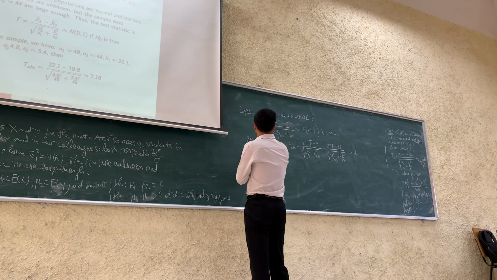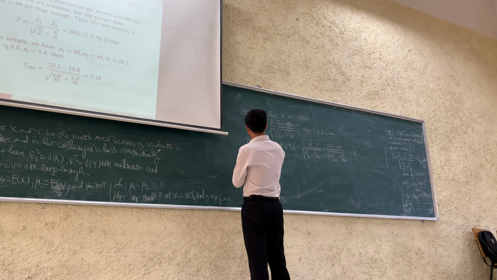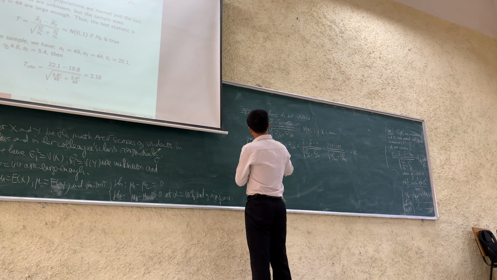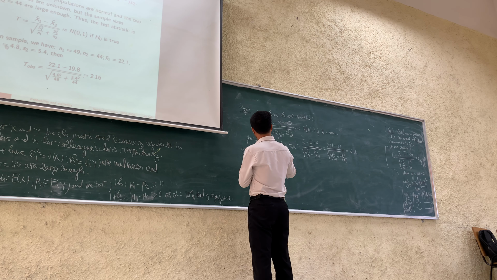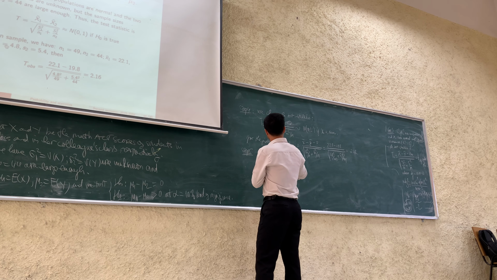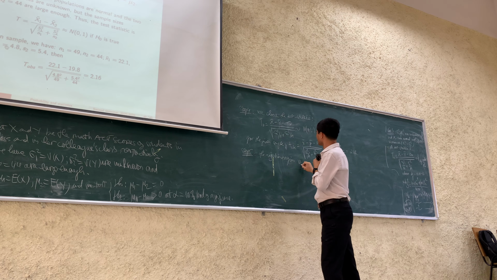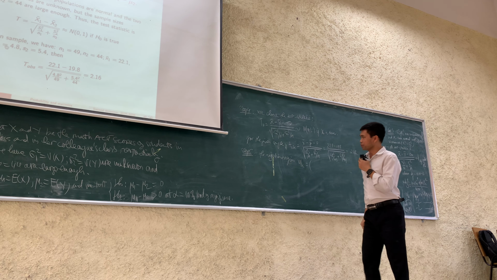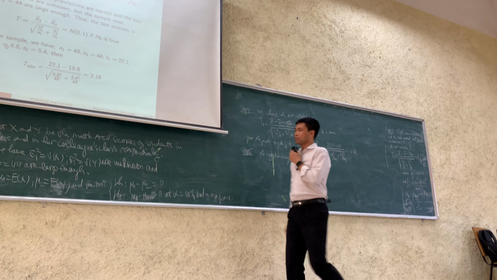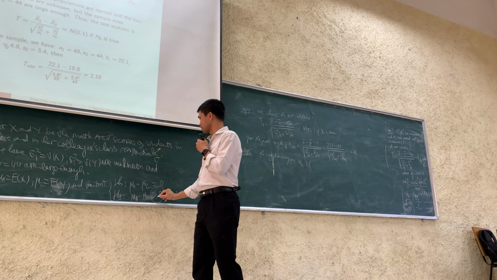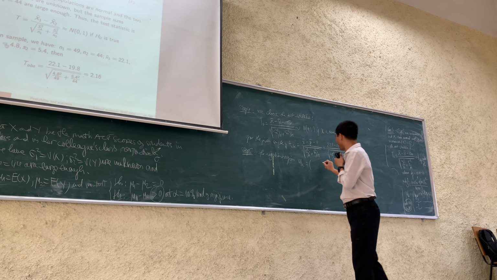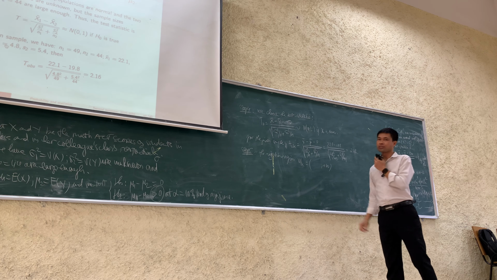And then, what's the fifth step? We find the rejection region. What rejection region is it? When we look at H1, H1 is right-tailed, so it's the interval from a critical point to infinity.